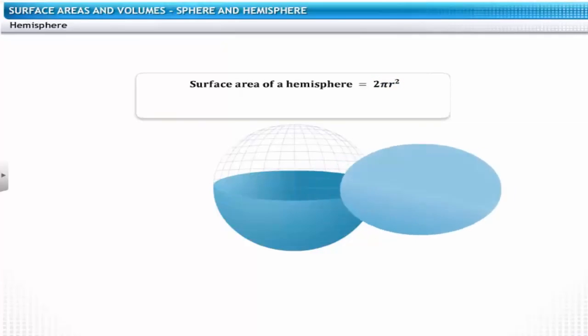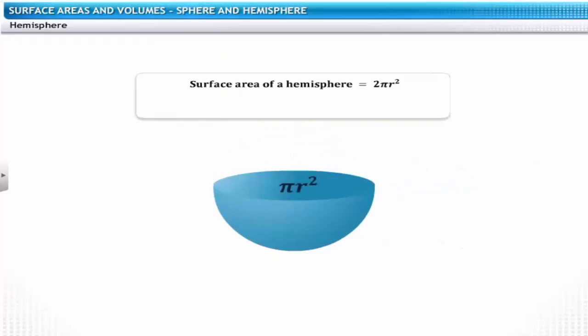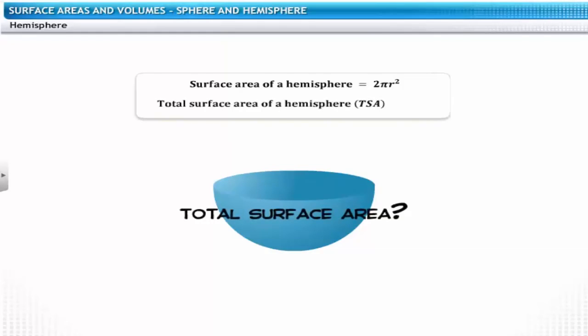The flat surface resembles a circle, for which the area is equal to pi r squared. Therefore, the total surface area of a hemisphere is the sum of the areas of the curved surface and the flat surface. That is 3 pi r squared.